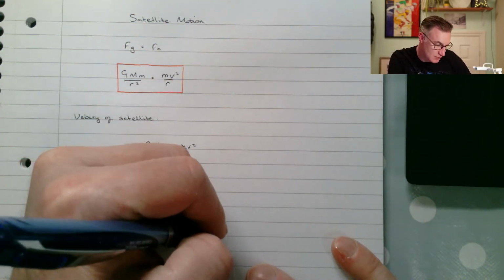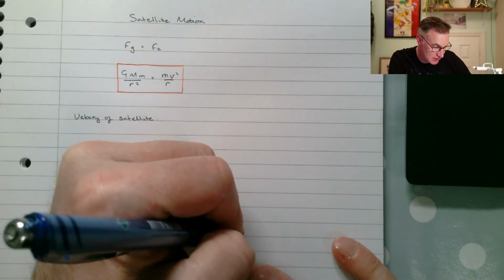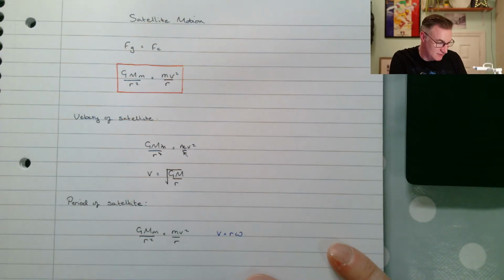Well, not new equations, but the tangential velocity of the satellite is equal to the radius times the angular velocity of the satellite.